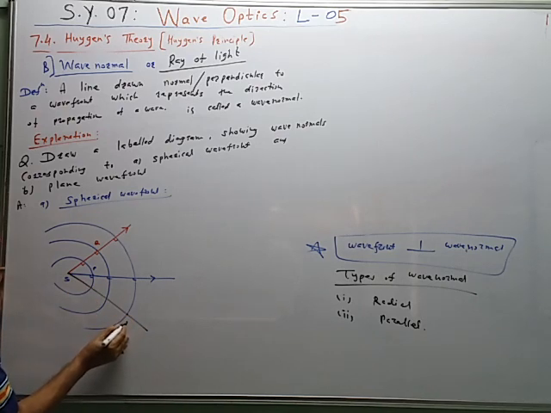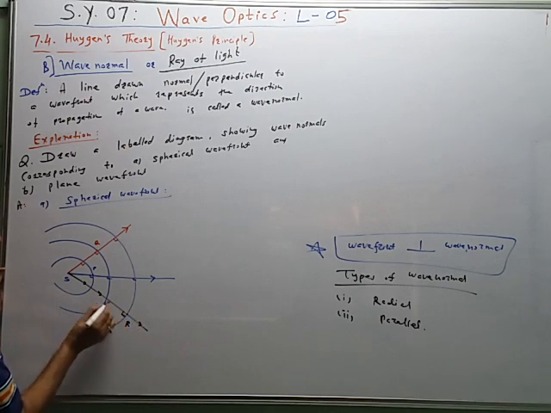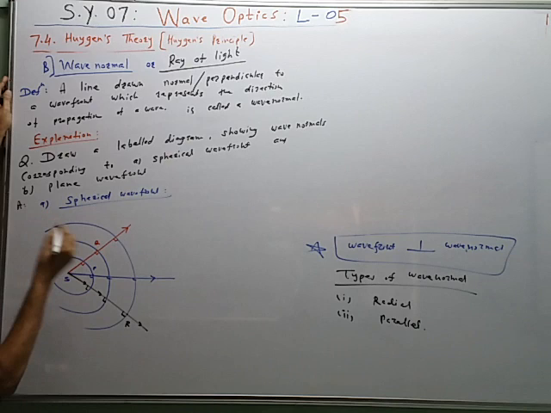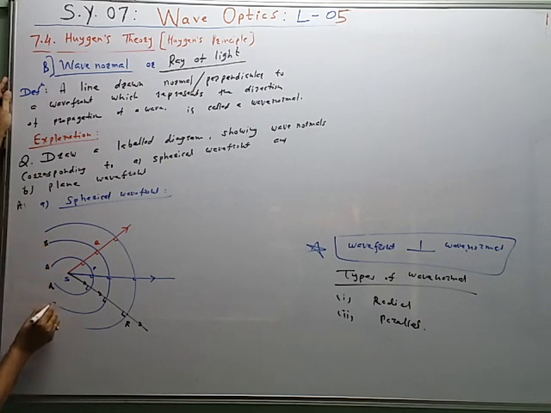This is the point R. So this angle is 90 degrees, this angle is 90 degrees, this angle is 90 degrees. So SP, SQ, SR are the three wave normals. Now this is A1, B1, C1. These are the spherical wavefronts.